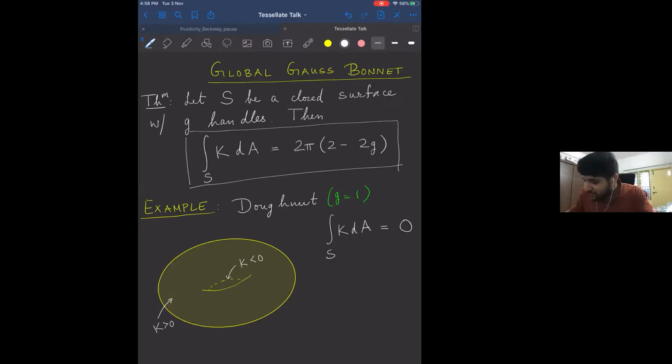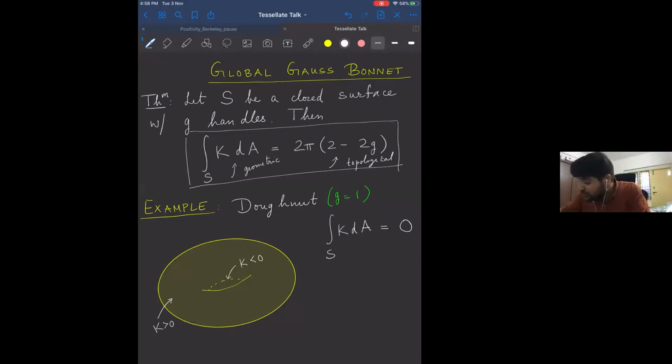This is quite a remarkable formula, because on one side you have a geometric quantity, and on the other side you have a topological quantity, which remains unchanged under deformations.